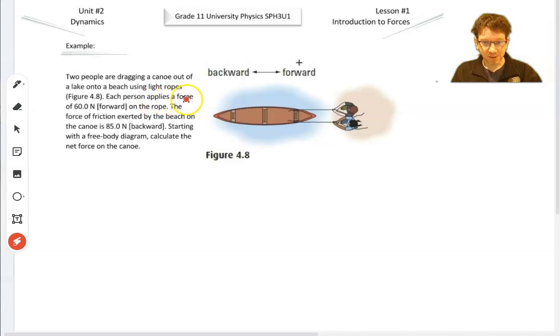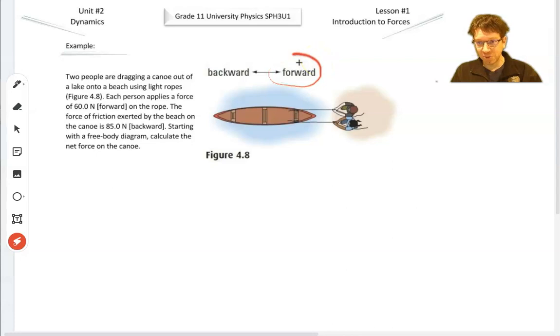Each person pulls or applies a force of 60 newtons forward. So we have our coordinate system. So just like when we were doing motion equations and questions, we would always attribute a coordinate system showing what direction is going to be positive. This is true whenever you're dealing with any kind of vector. Right? You want to make sure you label a coordinate system so you know what direction is positive, what direction is negative.